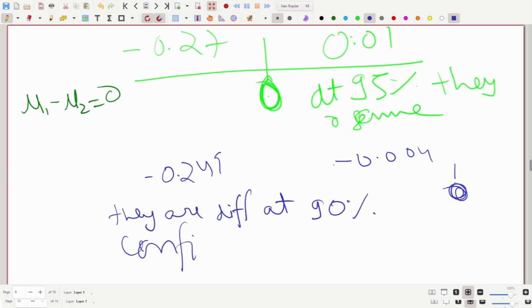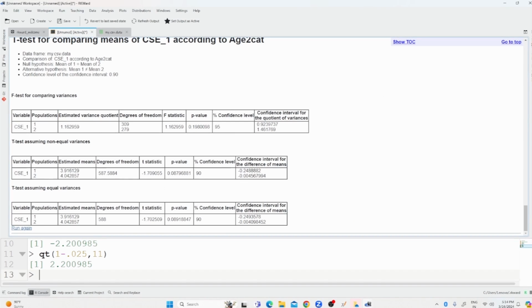Okay. So this percentage level will change your answer, as in the previous case where we were testing the mean of 23, 22. Okay. So please understand this. Now, this is very important, please pay heed here. This F test for comparing variances is very important, because generally we assume the variances are equal. So we want the test to fail, or the p value to be more than 0.05. If they are unequal, then we go for the other table. Okay.